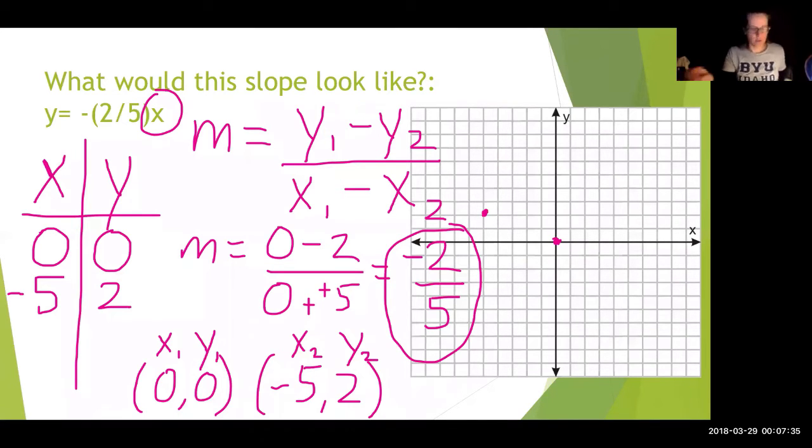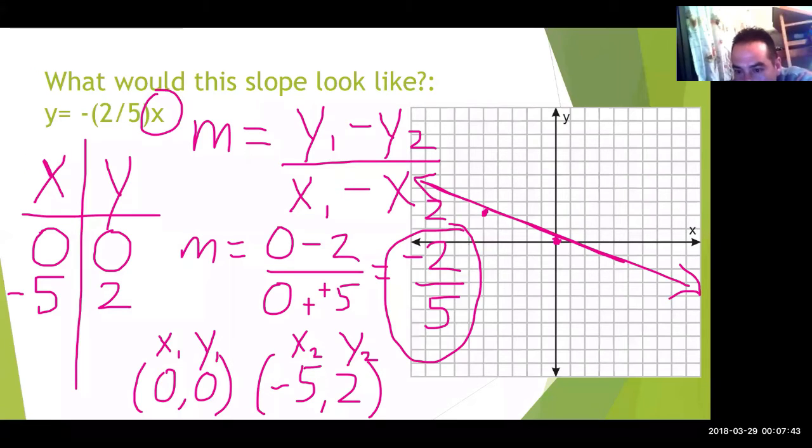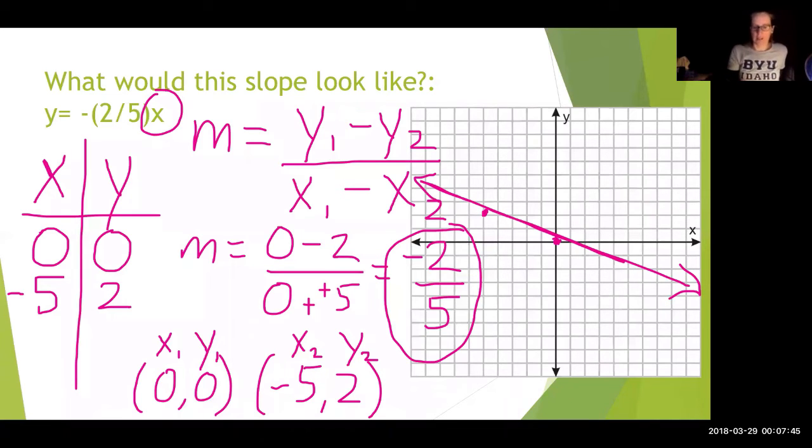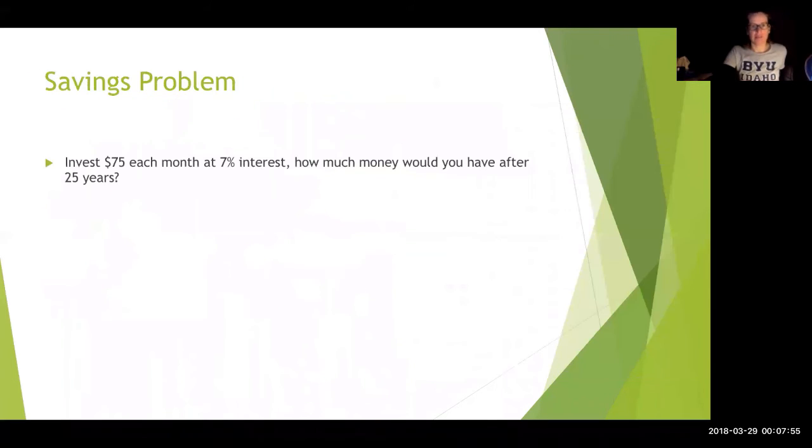And so we draw the line. It's a negative slope. It goes downward. And we expected that because we figured out the slope was -2 over 5. All right. That, I think, is the last one for that.